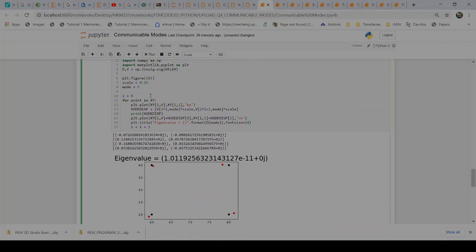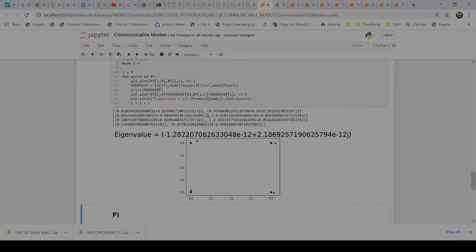Mode 6. It's again a zero energy mode. So what is happening here? This looks like a small rotation, small rotation with maybe some translation.